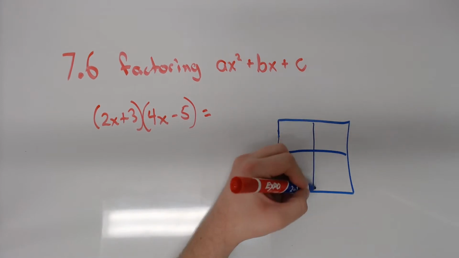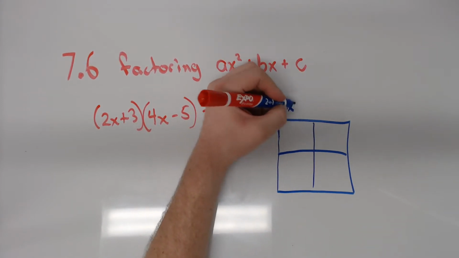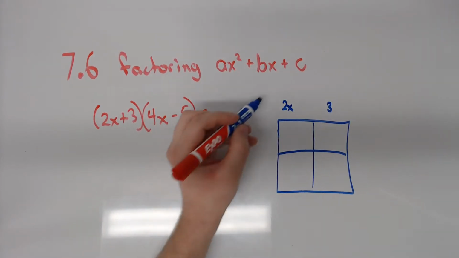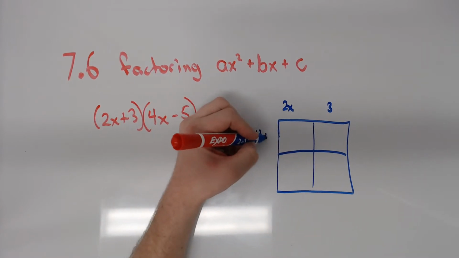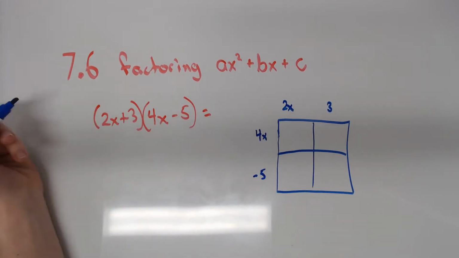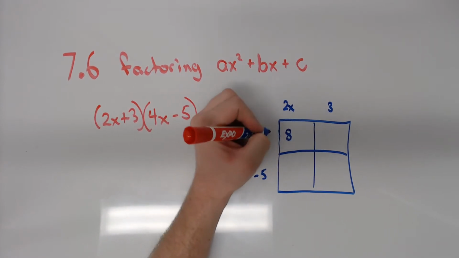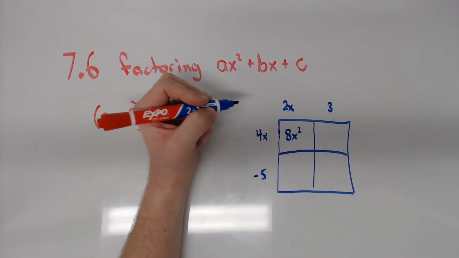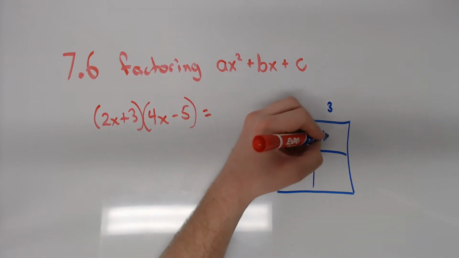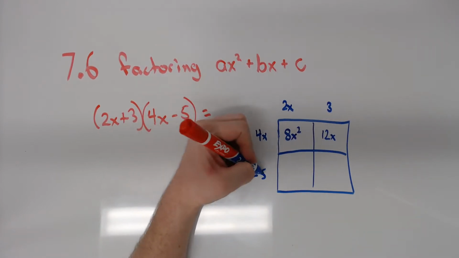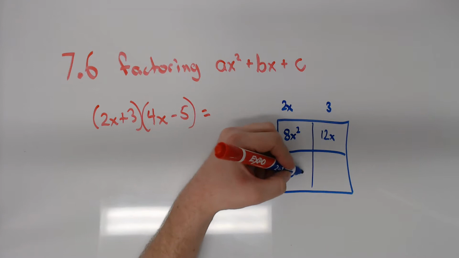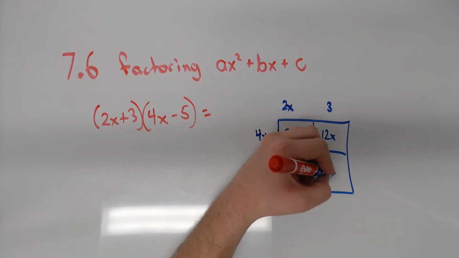Punnett square just organizes our multiplication for us. Put one polynomial across one side, another polynomial across the other side, multiply together. 2 times 4 is 8, x times x is x squared. 3 times 4x is 12x, negative 5 times 2x is negative 10x, negative 5 times 3 is negative 15.